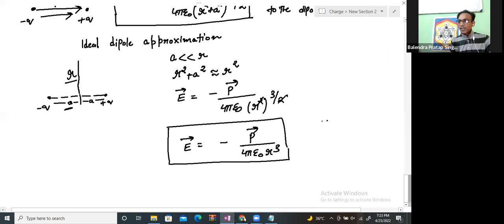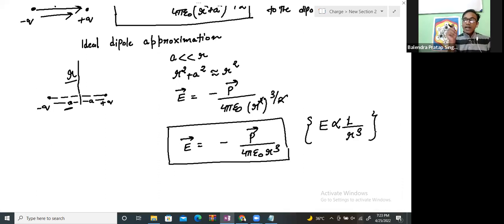And here you can again see the electric field due to a dipole is 1 over r cube. The proportionality of electric field due to a dipole is always 1 over r cube. And for a point charge or single charge, the electric field is proportional to 1 by r square.